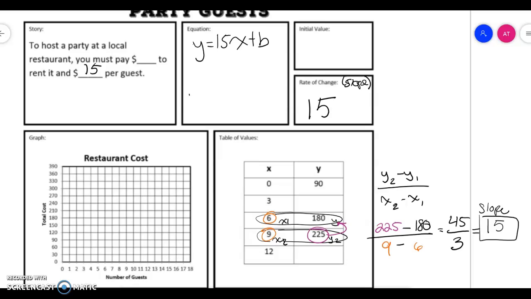So I have y equals 15x plus 90, because when x is 0, this is my y-intercept, whatever that number is. So my initial value, or my y-intercept, is 90. So I had to pay $90 to rent the place. Oof.